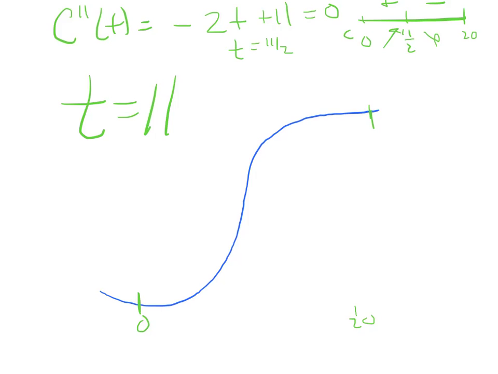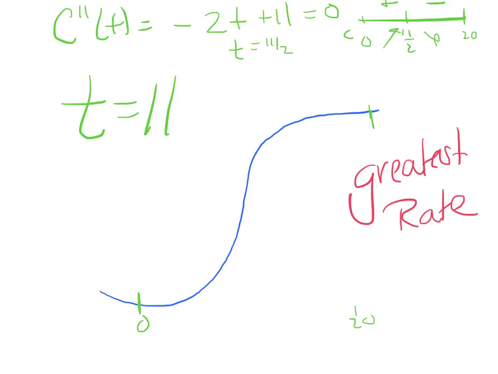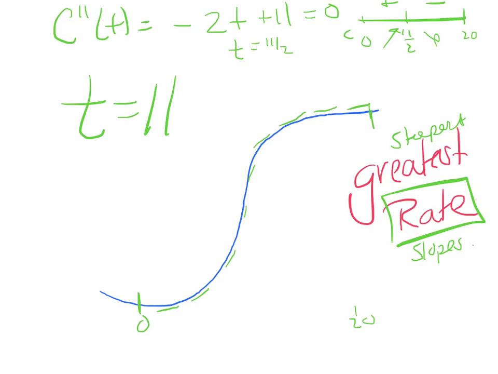Now, increasing at its greatest rate. Again, that word rate is telling me to look at these slopes. I want to see when it has the greatest slope, and by greatest, I probably mean steepest slope. So just think about it. If you were to draw a bunch of tangent lines, where do you have the steepest slope? I would definitely say some point around here it looks the steepest.